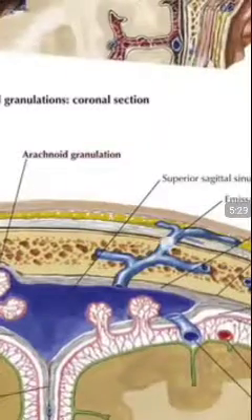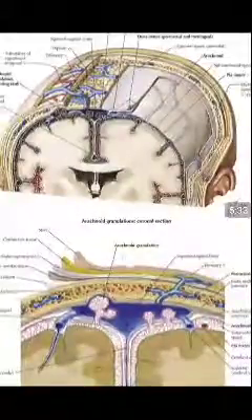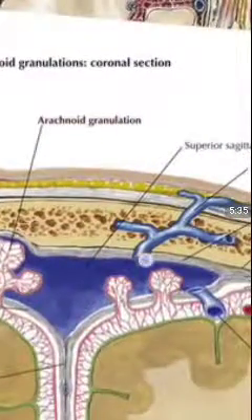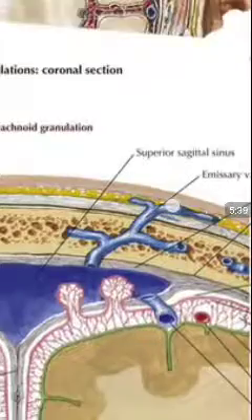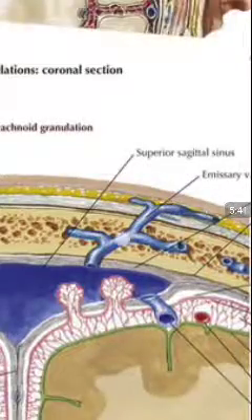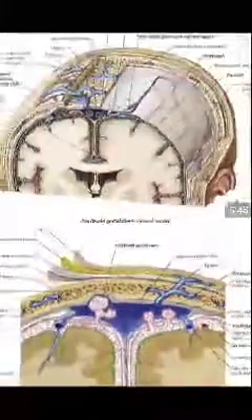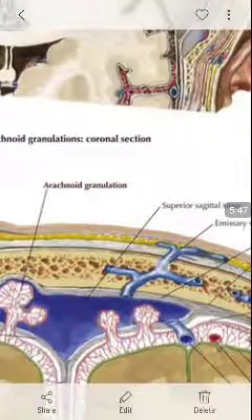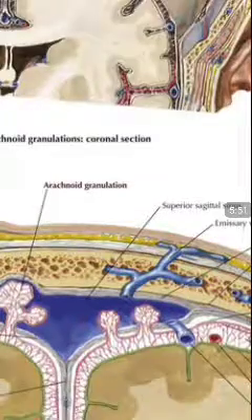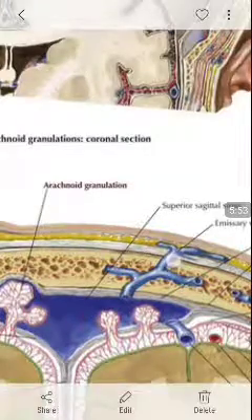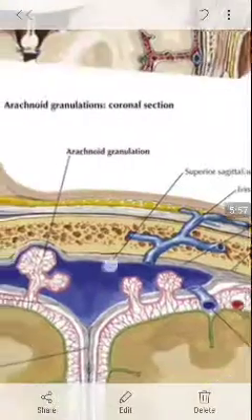Here you can see the emissary veins, which cross the cranium and drain into the dural venous sinus on one end, and are continuous with the epicranial veins, or the veins outside the cranium. Emissary veins are the veins which connect the veins outside the cranium with the dural venous sinus. As a result, this blood drains into the dural venous sinus.